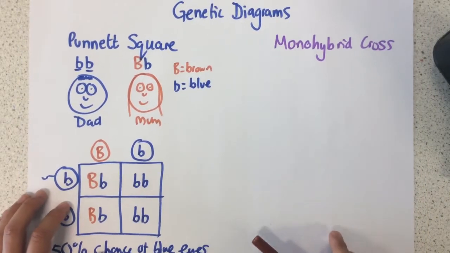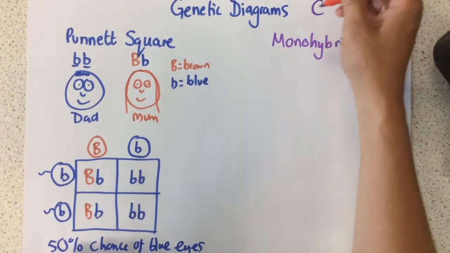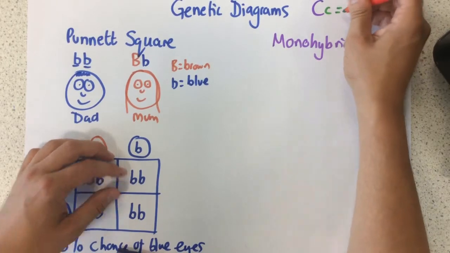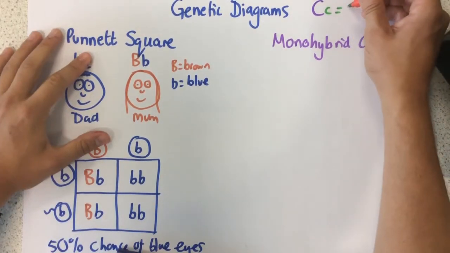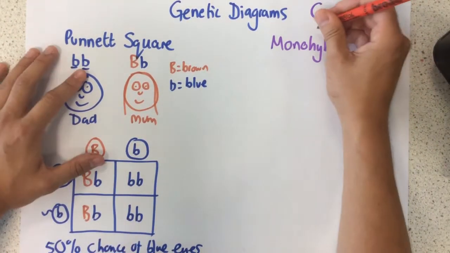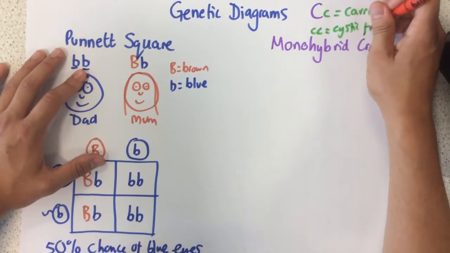Now, a monohybrid cross shows exactly the same thing. So let's imagine we're dealing with, this time, someone with cystic fibrosis. Cystic fibrosis is a recessive disorder. If someone has that genotype, it means that they are a carrier of cystic fibrosis, meaning they don't have it themselves, but they can pass it on. If they have two recessive alleles, they have cystic fibrosis.